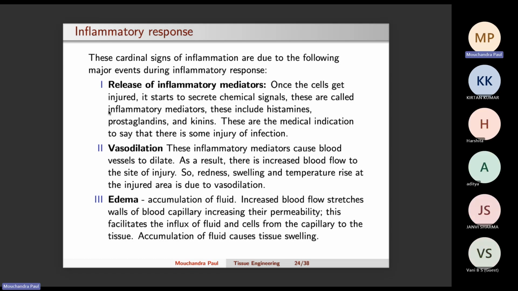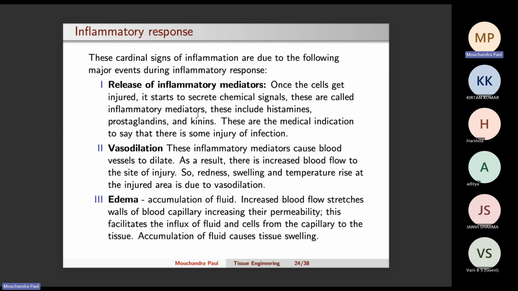These signals are called inflammatory mediators. So what are these chemicals? They are named histamines, prostaglandins, and kinins. These are the three main types of inflammatory mediators, which are released by the cells at that injured site.